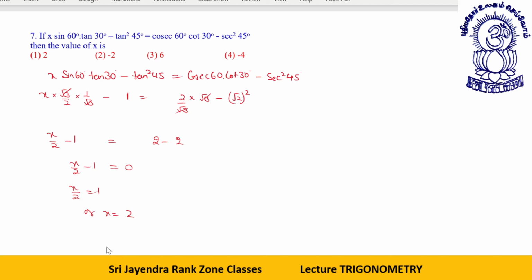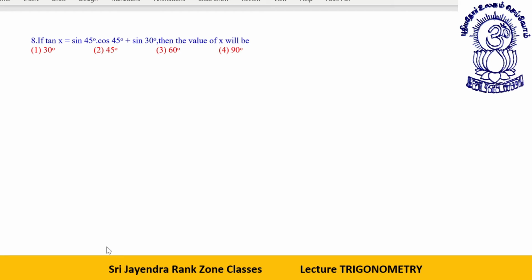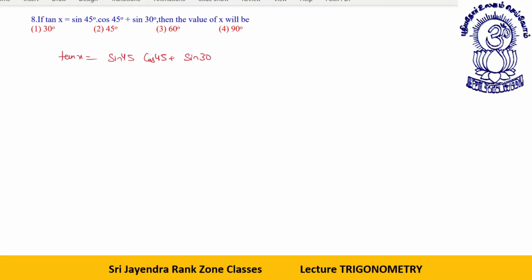Fine. Next one. Tan x is equal to sine 45 cos 45 plus sine 30. Okay. Now, this will be what?